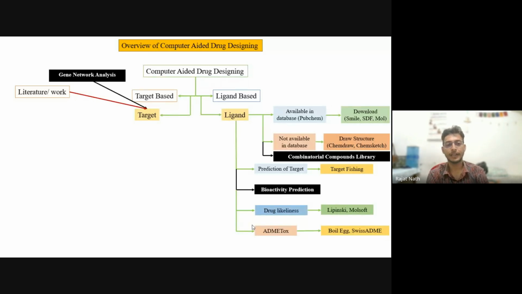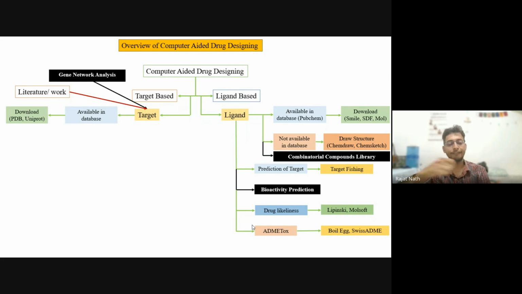It may be a novel gene, not reported earlier, that you identify by this gene network analysis. So it may be a good avenue for drug discovery, that you have reported one new target for a disease, and if it works, it may change the whole scenario for that particular type of disease.